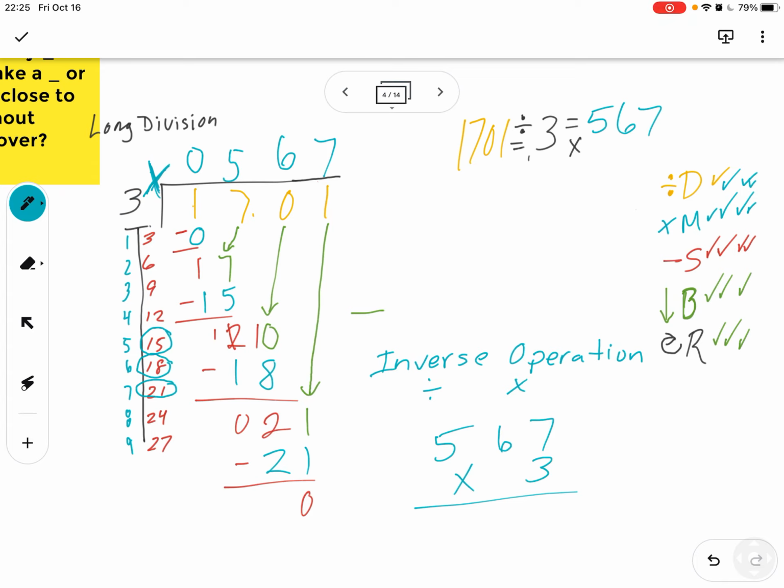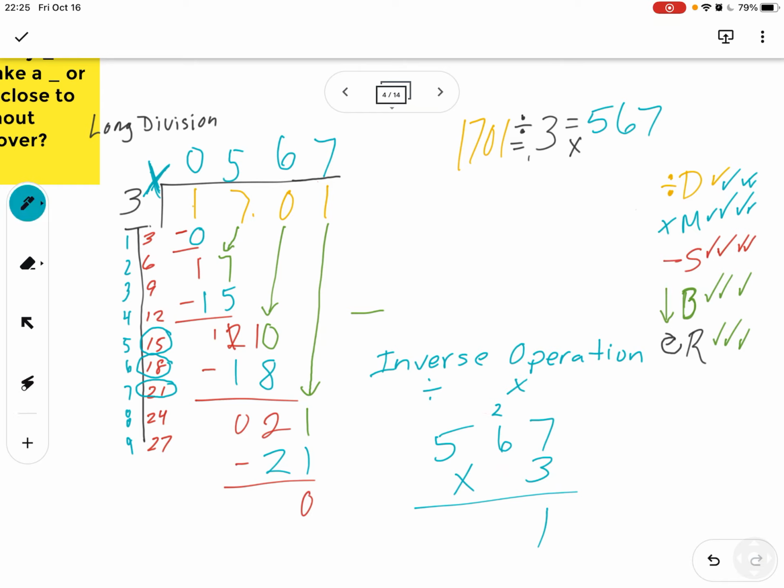Okay. I have 7 times 3. That's 3 times 7. 3 times 7 is going to be 21. I'm going to carry my 2. Then I have 6 times 3, or 3 times 6, plus the 2 that I carried.